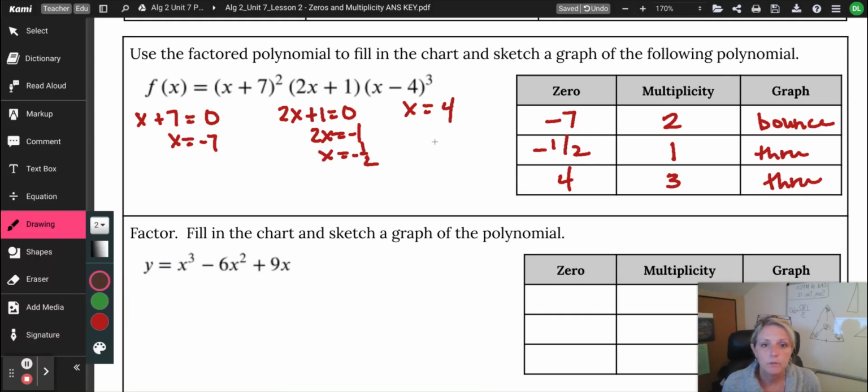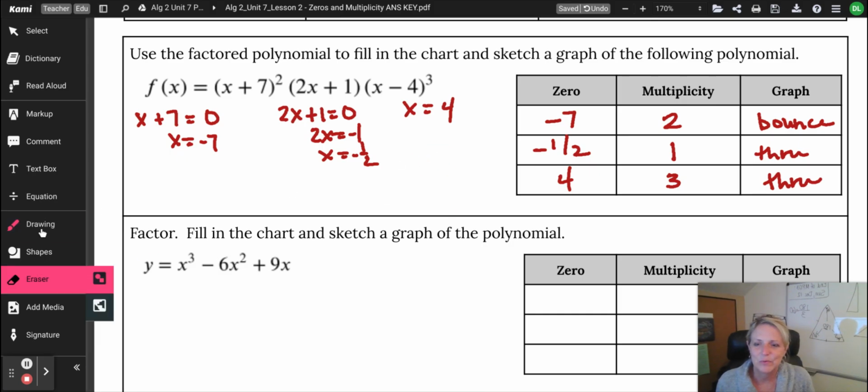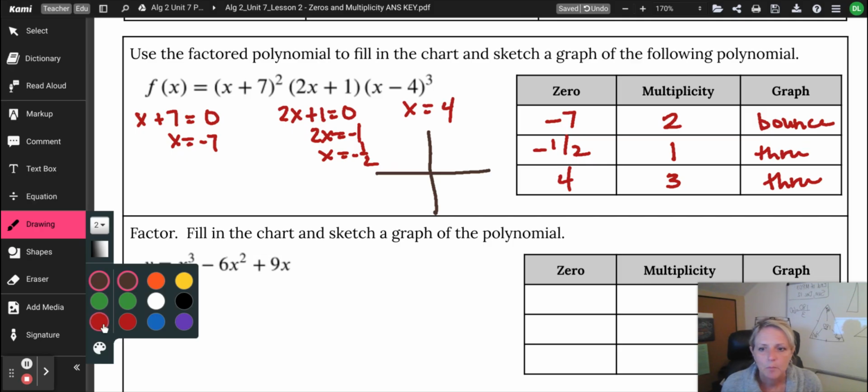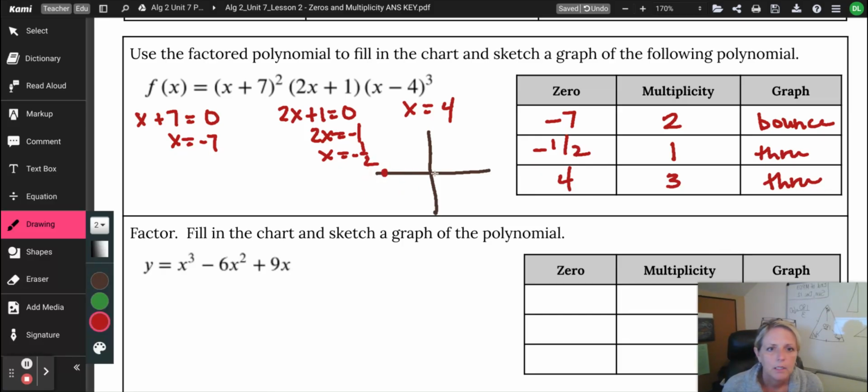Okay, so to give us an idea of what we think this graph might look like, I'm going to go ahead and plot my zeros. So I have a 0 way over here at -7, and I have a 0 at -1/2, and I have a 0 at 4, okay?